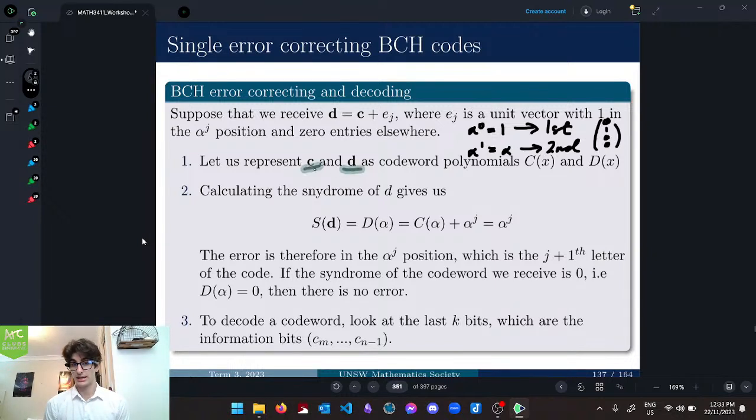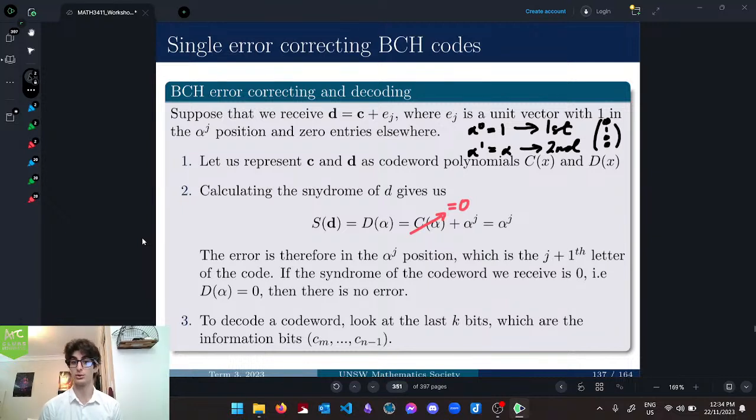Let us represent C and D as their own code word polynomials, as we constructed earlier in the method of construction. Calculating the syndrome of D gives us that it is alpha to the J, because C of alpha is going to be, well, we've got our code word polynomial, and then we're just going to get alpha to the J as the polynomial for E sub J. We know that alpha is a root of the code word polynomial, and so that goes to 0, equals 0.